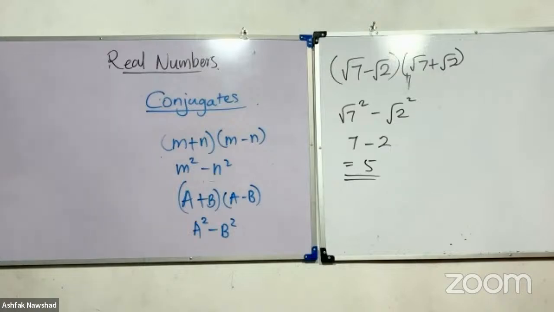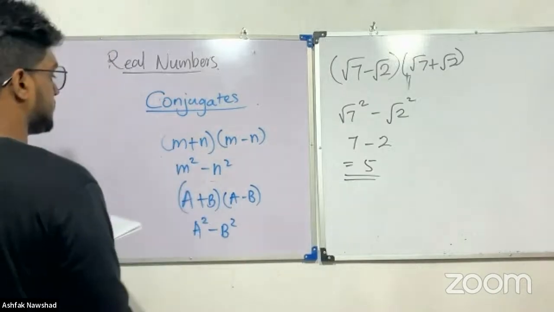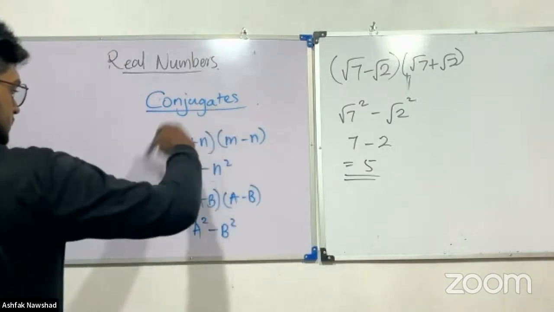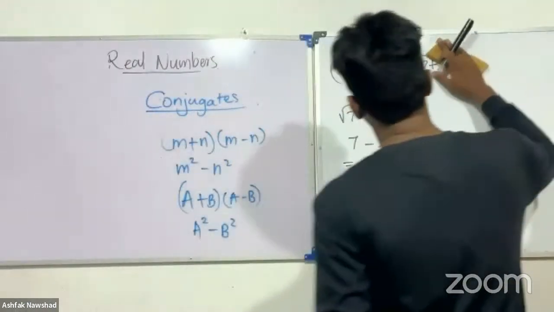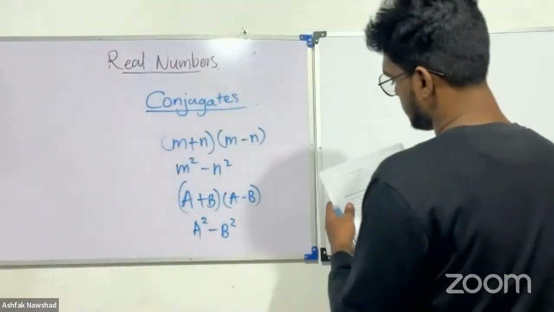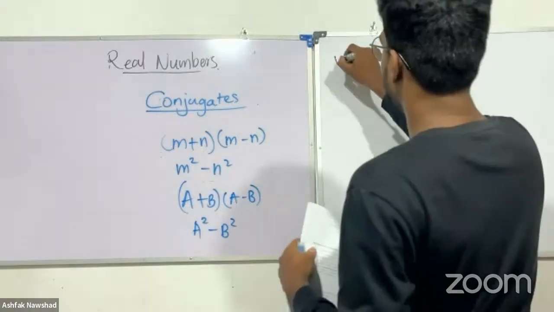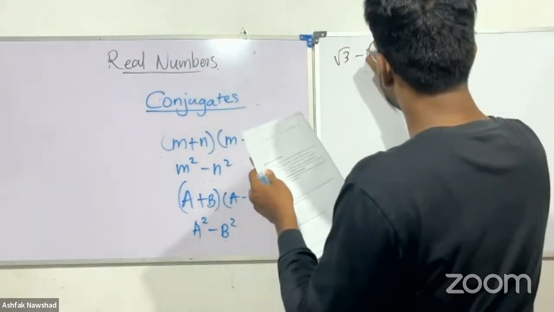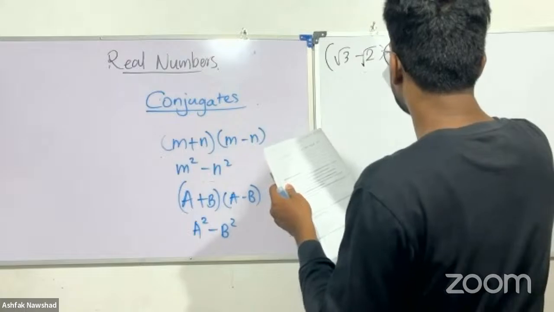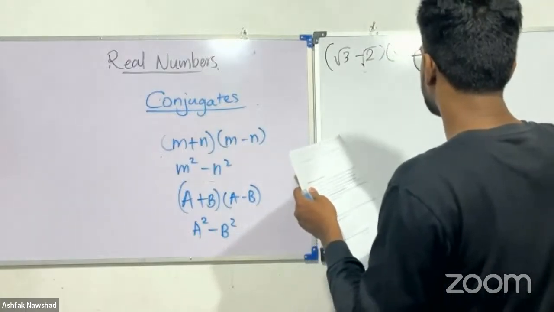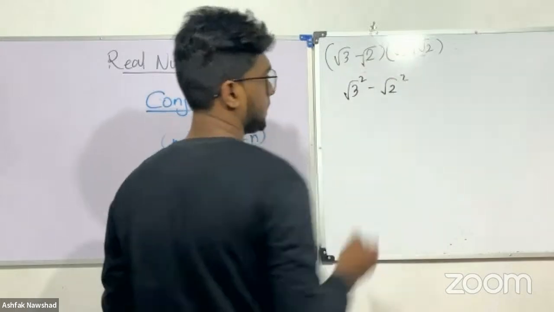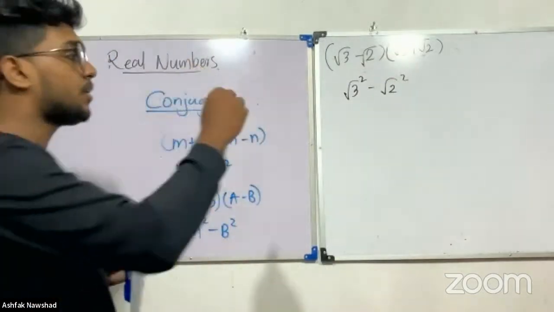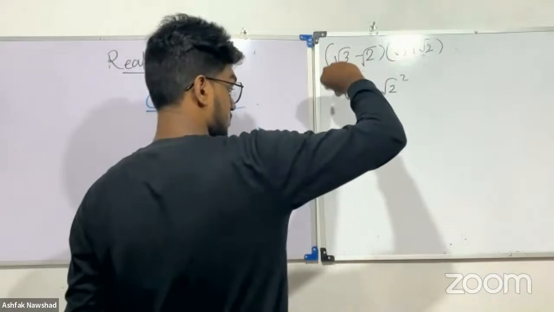Now you can turn to page number 15, and there's a question on page number 15. If you need, you can just note this down. This is difference of two squares. On the 15th page, the first question is root 3 minus root 2 multiplied by root 3 plus root 2. So the answer would be root 3 squared minus root 2 squared.